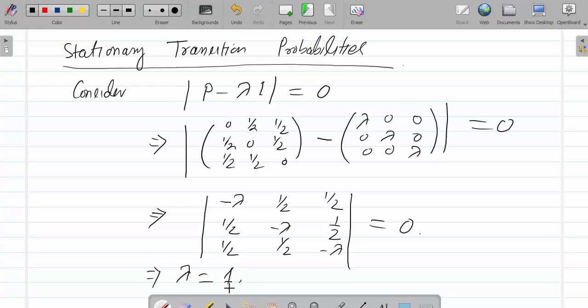Since it is a cubic, third degree polynomial in λ, λ will have 3 values. So λ equal to 1, minus half, minus half.